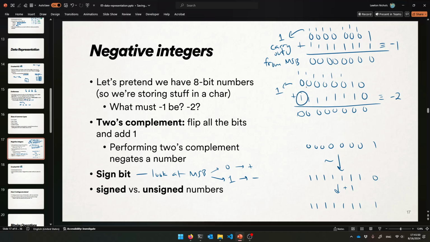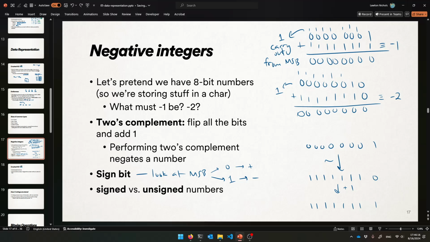And so that's why -2 and -1 have a 1 in their most significant bit. That's showing you that it is a negative number. We've given up half of our large numbers because we want to store negatives too. And a 0 in the most significant bit represents that the number that comes after is meant to be positive, as usual.